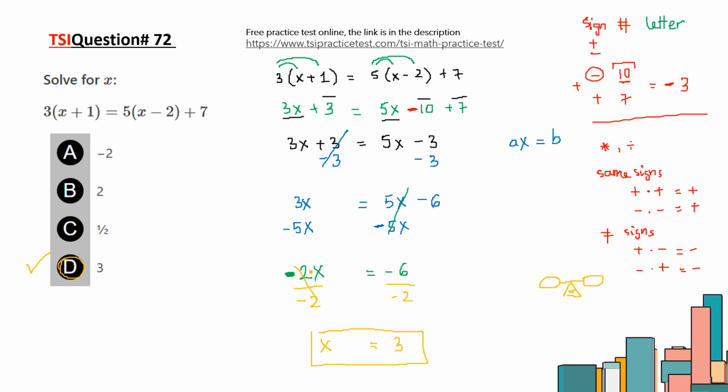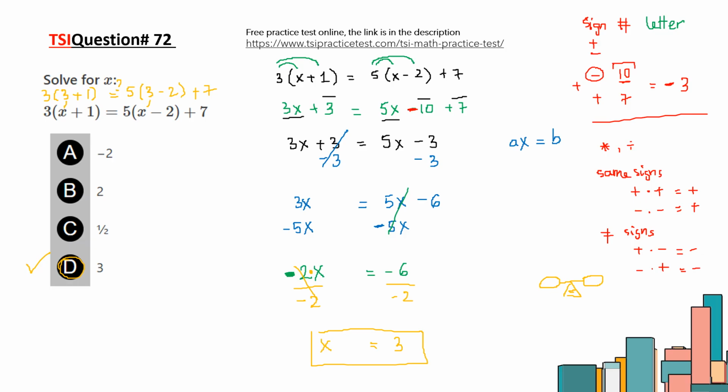And if we have extra time after that, we can just plug in x equals 3. When x equals 3, we have 3 times (3 plus 1). We check if the left-hand side is equal to 5 times (3 minus 2) plus 7. Remember, x is 3. If they are equal, then our answer is correct.